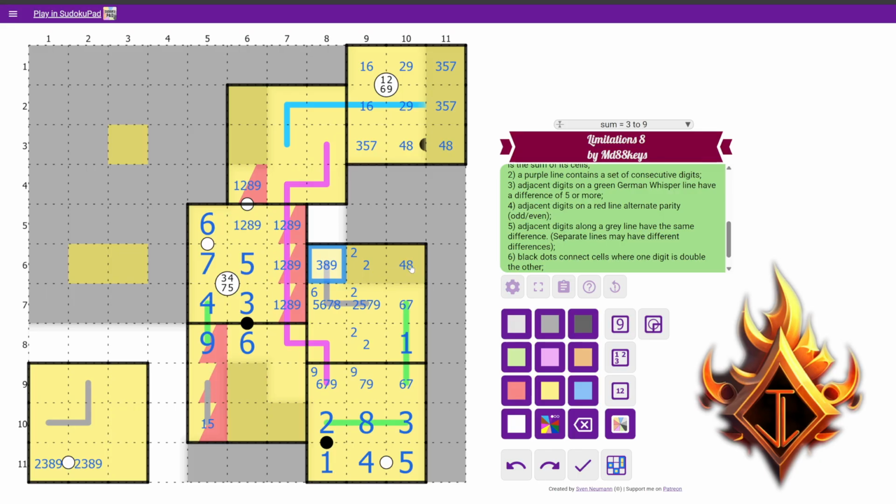Thought I had something there. A 3 could go... Right. 3 could go there. It would have to be 3, 6, 9 though. That would be 7.